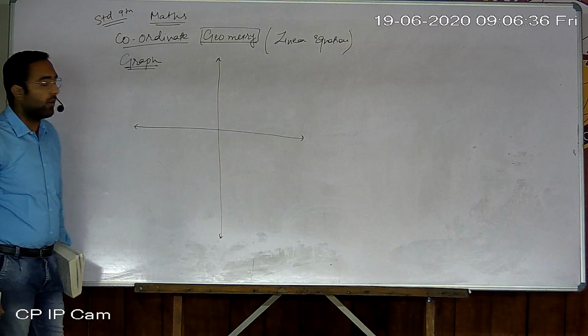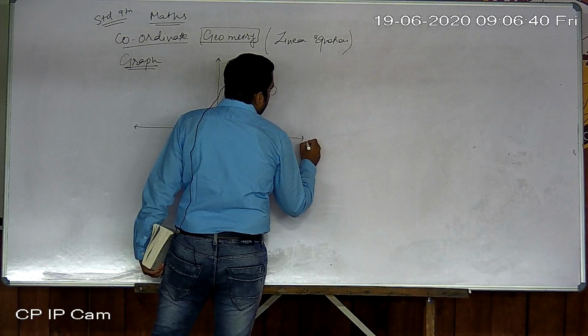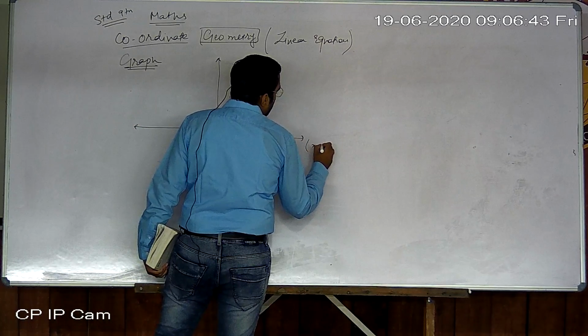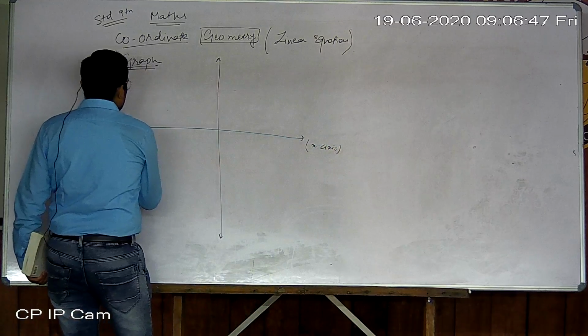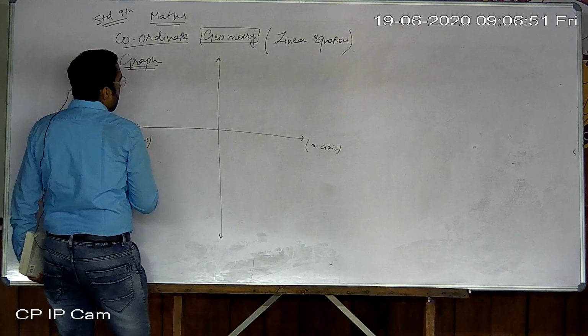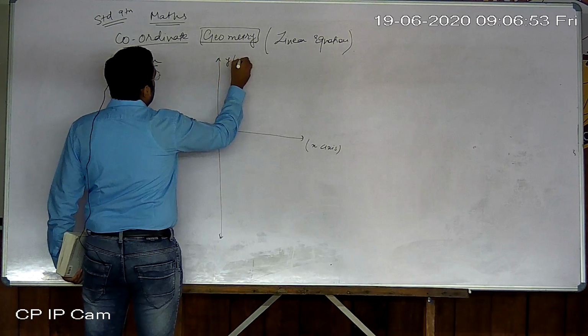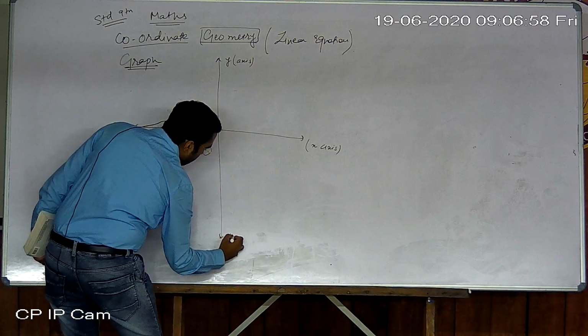The name of this axis is the x-axis. This is my x dash axis. This is my y-axis, and this is my y dash axis.